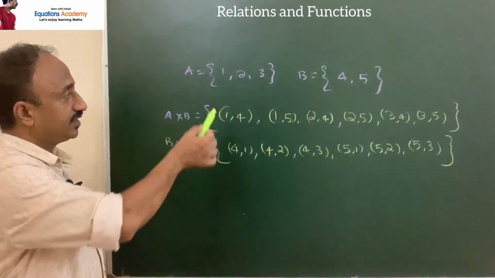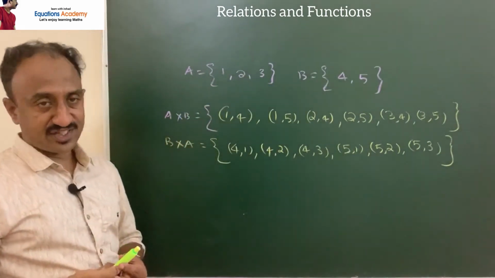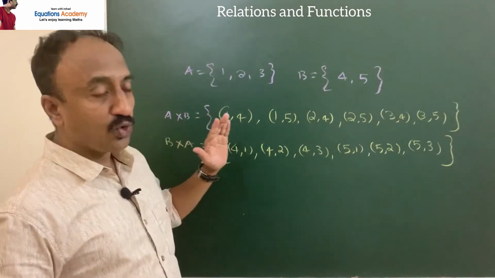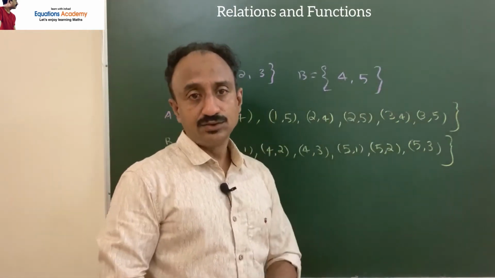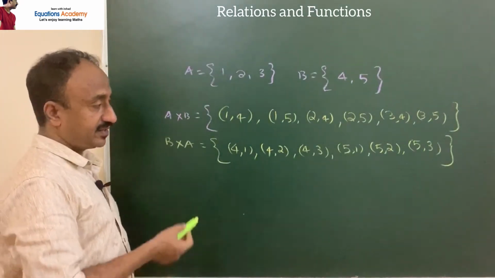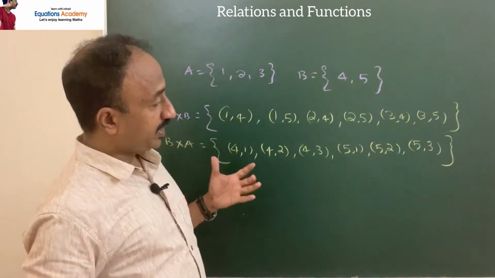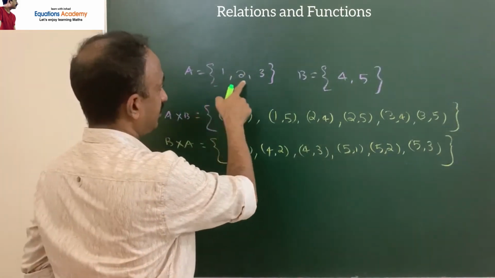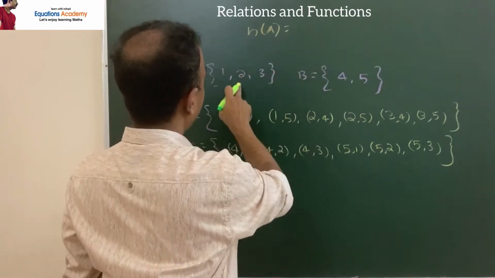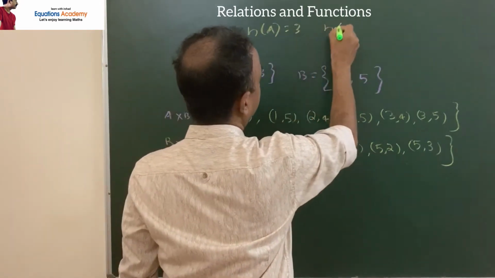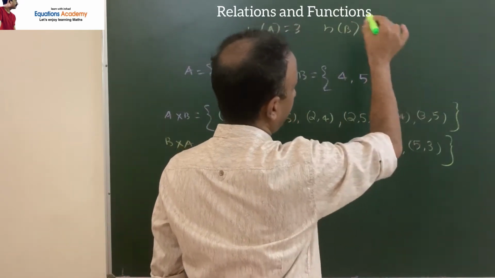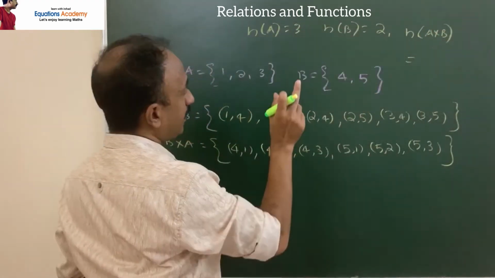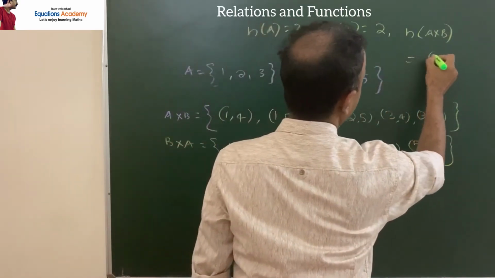How do we define this? If A and B are two non-empty sets, then the cross product of A and B is the set of all ordered pairs of elements from A to B. Similarly, B cross A is the set of all ordered pairs of elements from B to A. If n(A), the number of elements, is 3, here n(B) equal to 2, then n(A cross B) is equal to n(A) into n(B). 3 into 2 is 6.